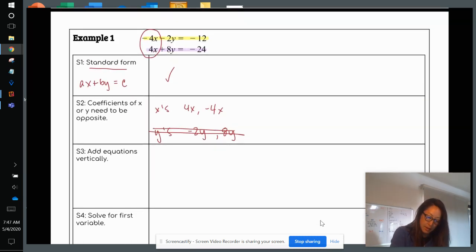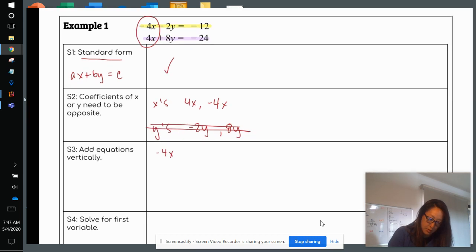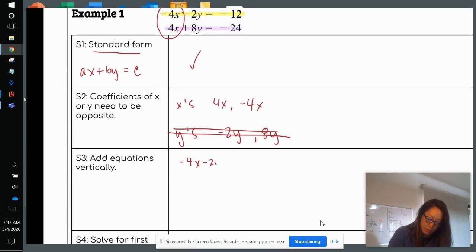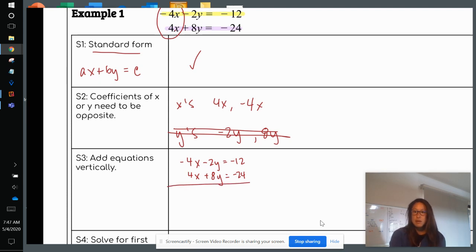So I'm going to go ahead and write that down. This is how we do this work. We write down the original equation, -4x minus 2y is equal to 12, and 4x plus 8y is equal to -24. I go ahead and put a big equal sign, and I'm going to add vertically.